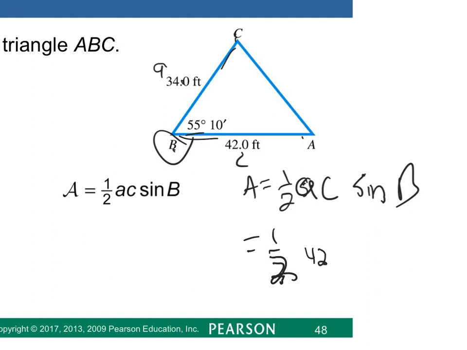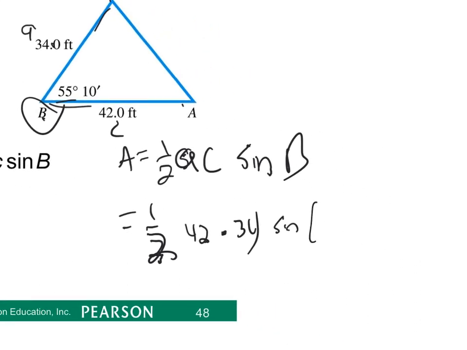42 feet times 34 feet. And they are to the 0.0, so we have 1/10 accuracy. Sine of 55 degrees plus 10 minutes, which is 10 over 60.